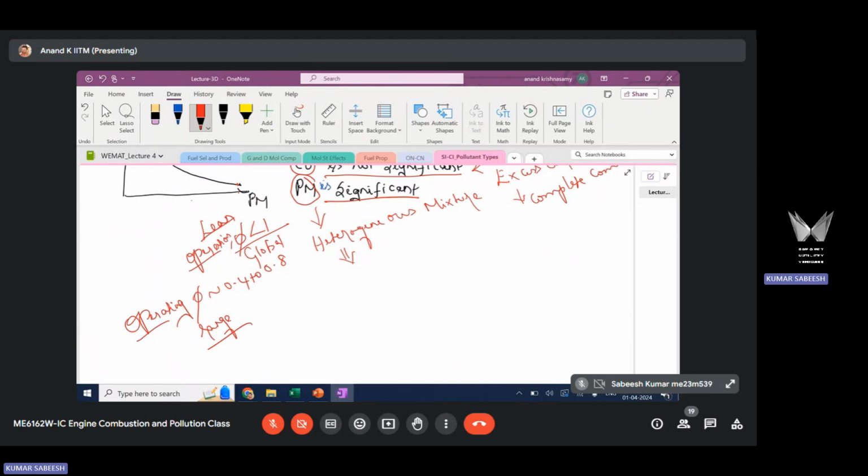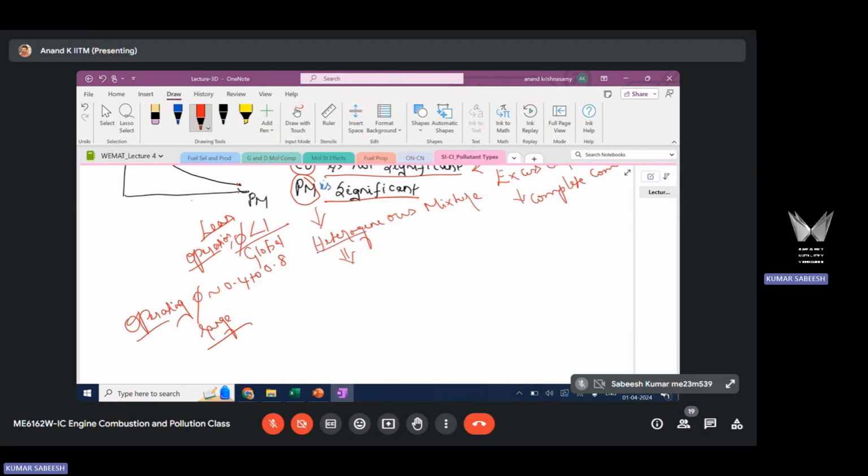As soon as you inject, with a very short ignition delay time, we already discussed this in the first module. You are injecting fuel almost at the end of compression stroke, 10 or 20 degrees, which is nearer to TDC. And with a very small time lag, ignition delay time, combustion gets started. So the time available for mixing is a few degrees crank angle.